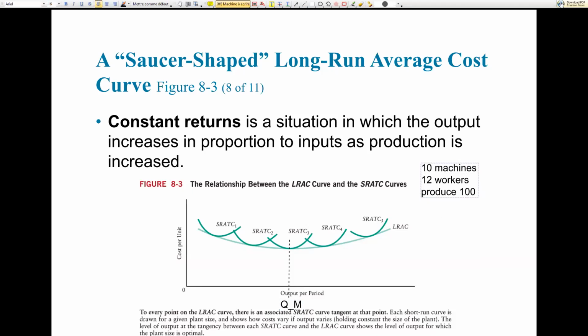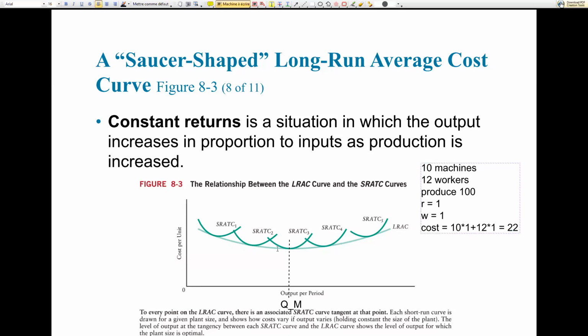And the cost, so R is 1 and wage is 1, for instance. So the cost will be 10 times 1 plus 12 times 1 equals, so that's 10 plus 12, so 22, all right?